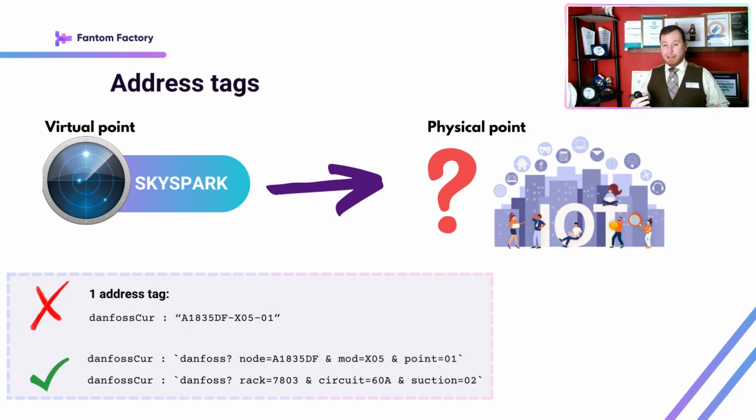And this helps with readability because we only have to glance at a virtual point to know what physical point it relates to. And this can really help with troubleshooting down the line when we're trying to work out why connectivity isn't working or why the point is down, because believe me, you will have problems later on, and this helps.